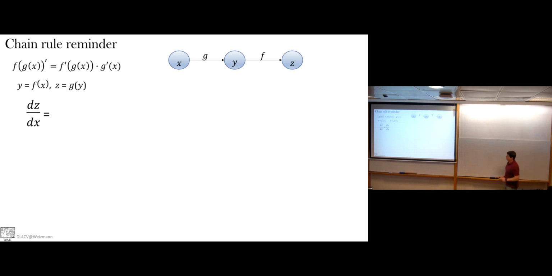Isn't z the application of f on y? Yeah, sorry, f and g got mixed up. Thanks. Yes, z is f of y, y is g of x. Sorry for this.